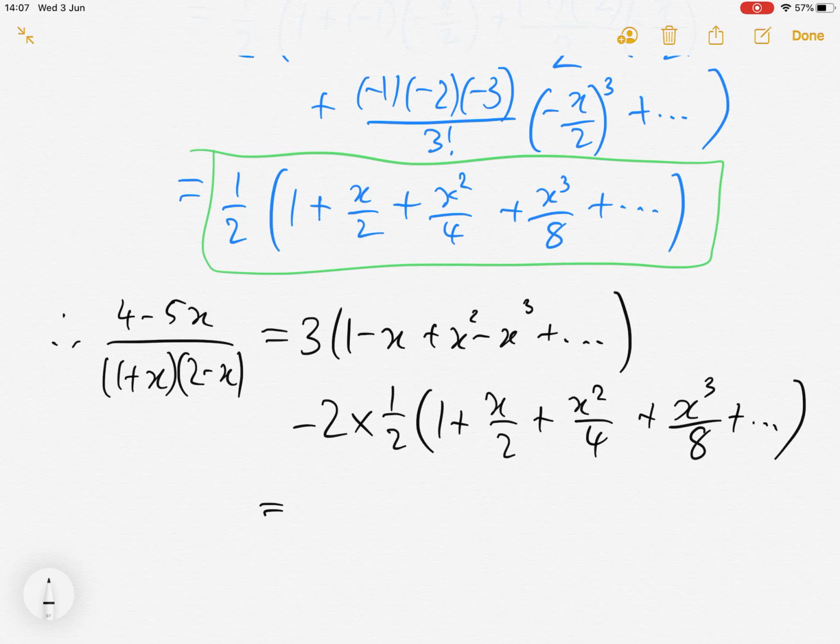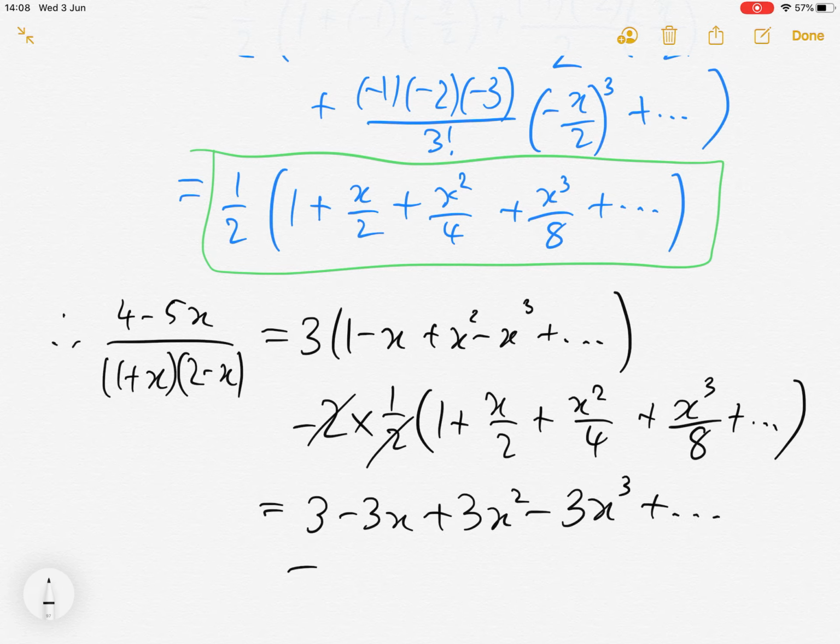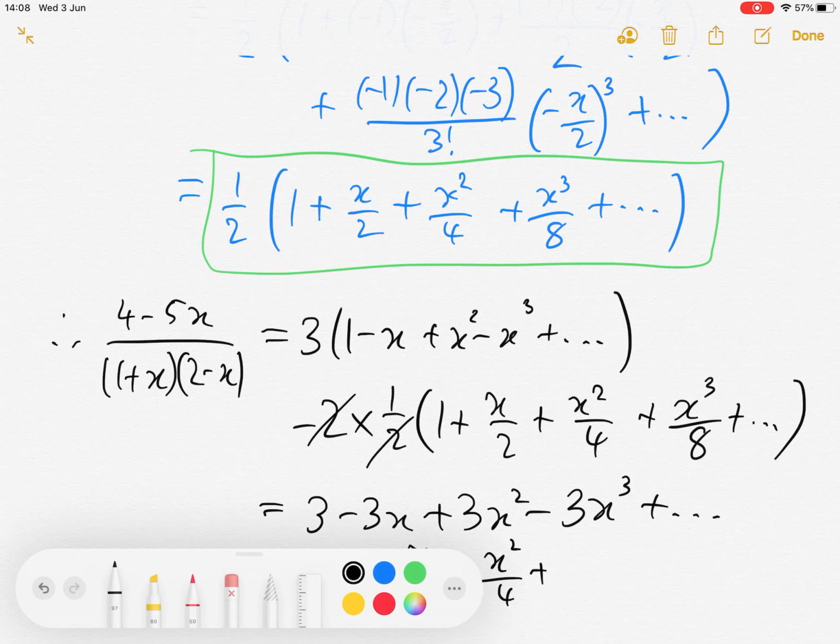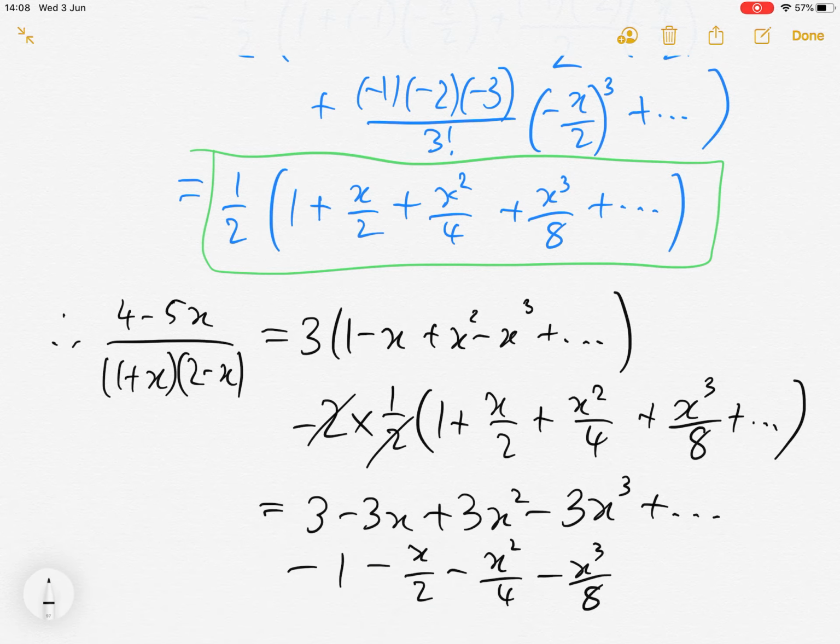And now let's expand this out. Notice the 2 and the half conveniently cancel out, so that's quite nice. That's why I didn't expand this out in the green box. So we've got 3 minus 3x plus 3x squared minus 3x cubed, and so on, minus 1 minus x over 2 minus x squared over 4 minus x cubed over 8, and so on.